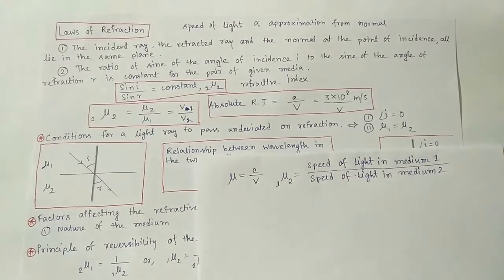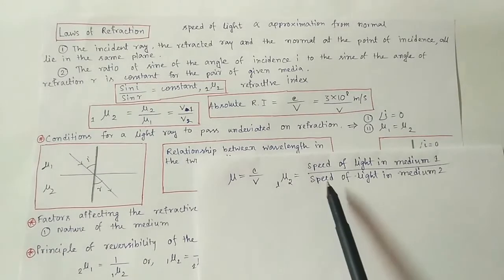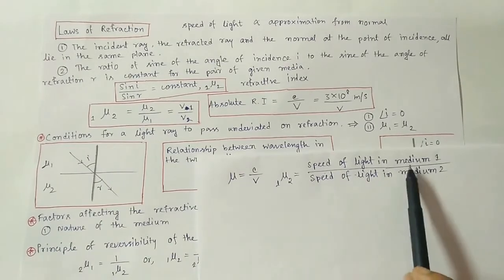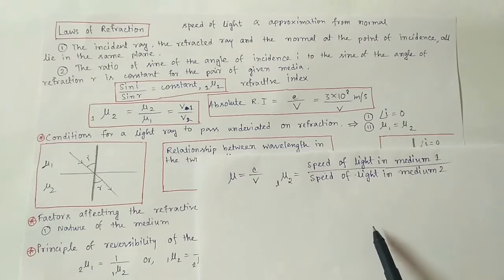So always remember, the medium whose refractive index you want to determine with respect to the first one, you have to put the first one in the numerator position, while the second one at the denominator position. So I hope you understand.